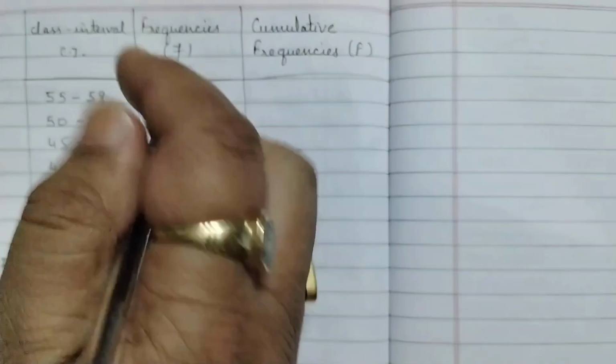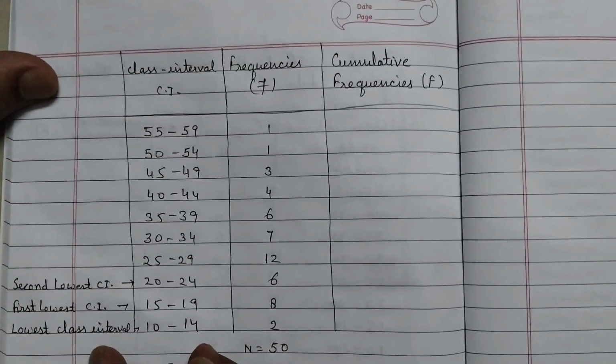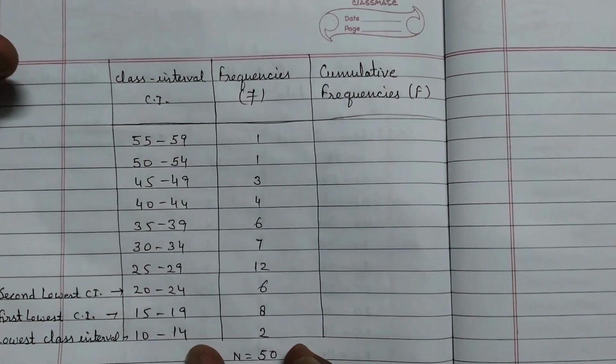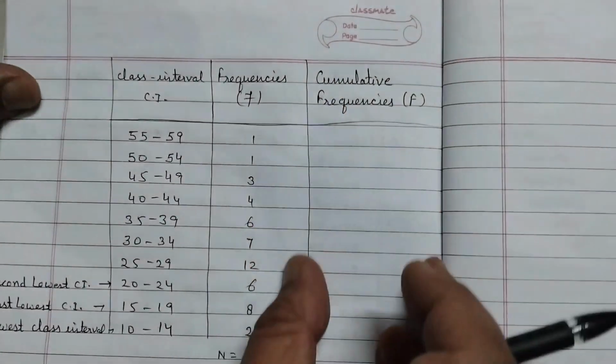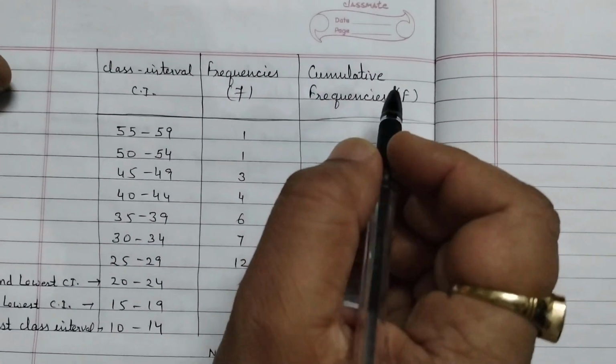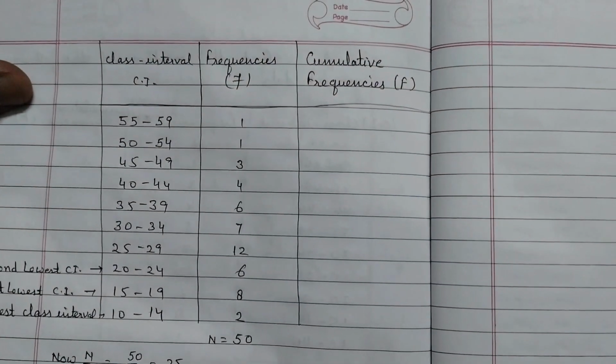So one column is class interval, in the second column I have taken frequencies, and in the third column I have taken cumulative frequencies. Class intervals and frequencies are copied as they are.